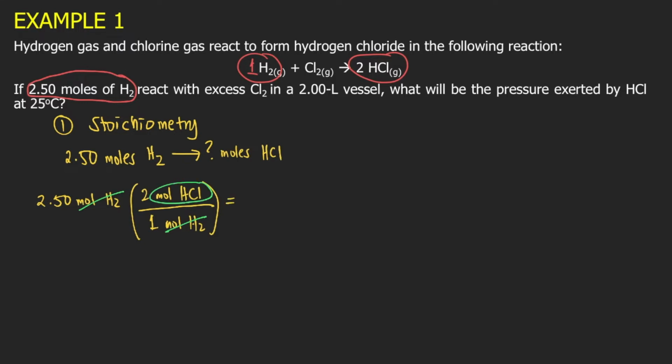If you solve this, 2.50 times 2 is equal to 5 moles of HCl. So the reaction produces 5 moles of HCl. And then the question says, what will be the pressure exerted by HCl? So we proceed to the second part of the solution, the ideal gas law.